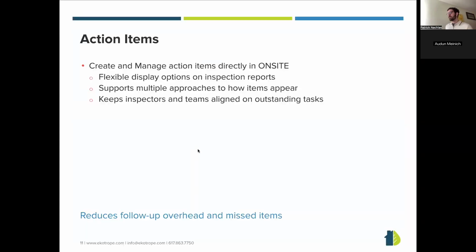Action items can be generated on site, and you can recall photos from earlier in your inspection and reuse them. It also can help your inspectors stay aligned on what needs to still be done on a job.